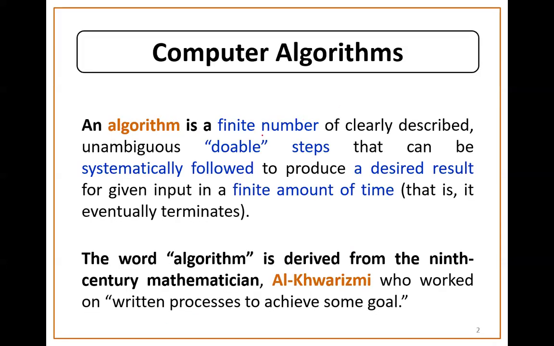We said algorithm is a finite number of clearly described and doable steps. So the steps should be a finite number. You should be able to count how many steps are in the algorithm. Now, these steps must be sensible steps. They should be doable steps. And we gave an example that you cannot have a mathematical step that divides by 0. It's not a doable step. That can be systematically followed.